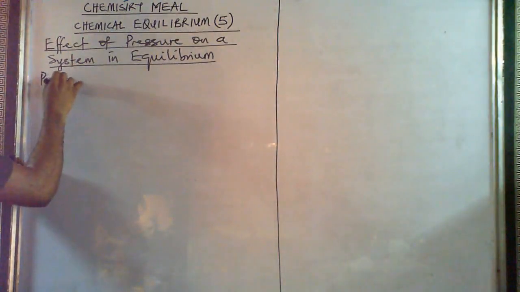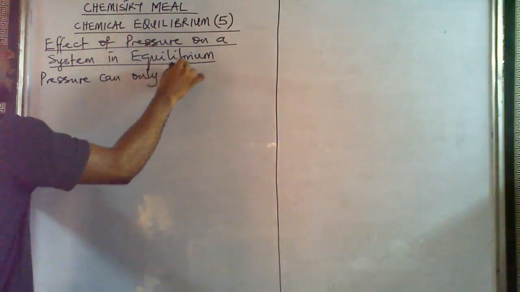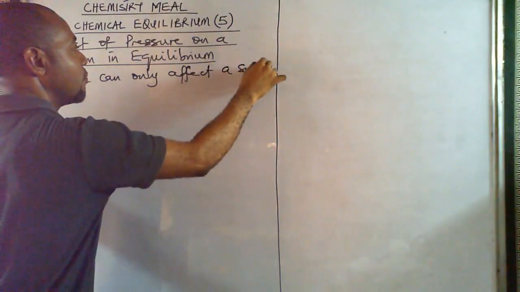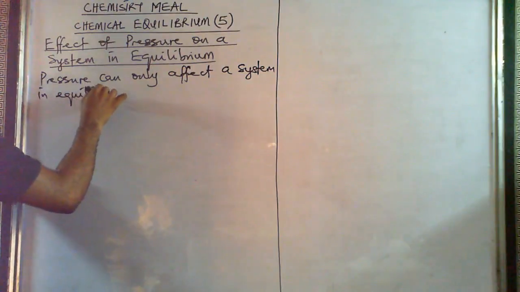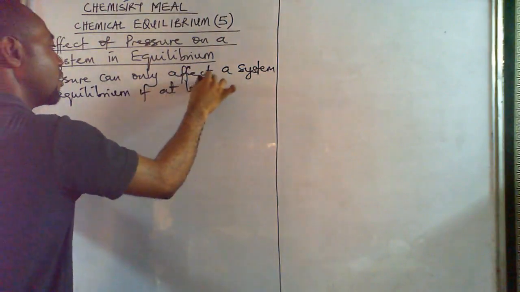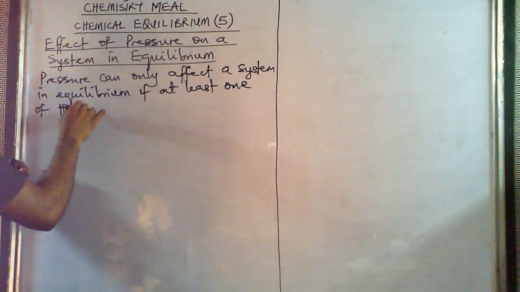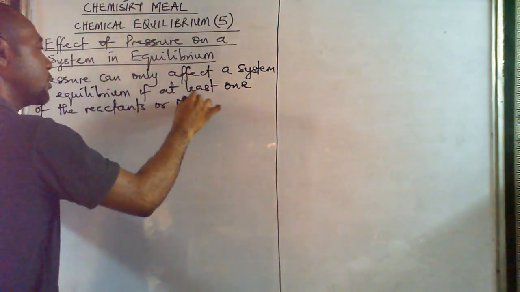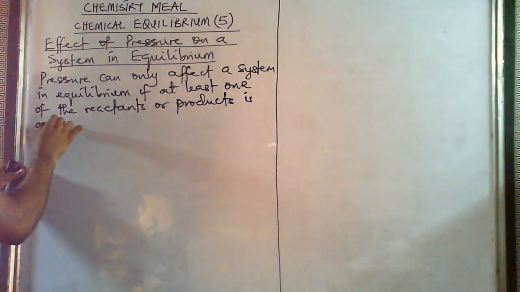Pressure can only affect a system in equilibrium if at least one of the reactants or products is a gas.